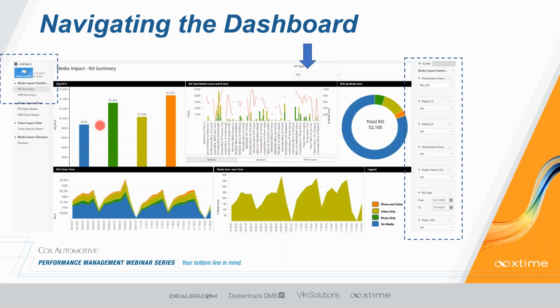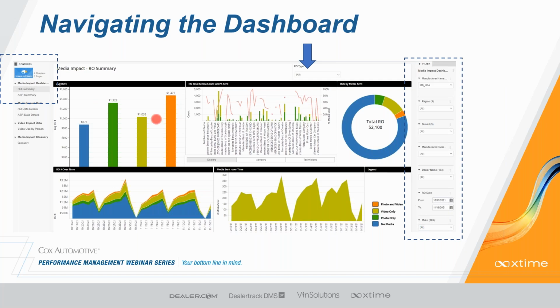So if we hover over here, we can see we're on the RO summary report on the top left. Now we're going to go over the different touch points here on this, but you also have an RO type. So you can drill down specific to ASR lines, RO information that's internal, customer pay or warranty, right? But also do use your filtering, if you want to filter in here, Mazda, Audi, whatever the case is.